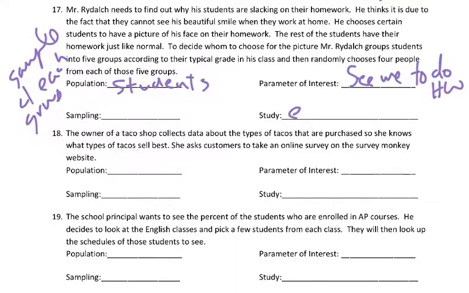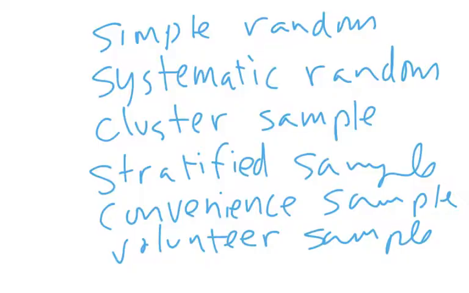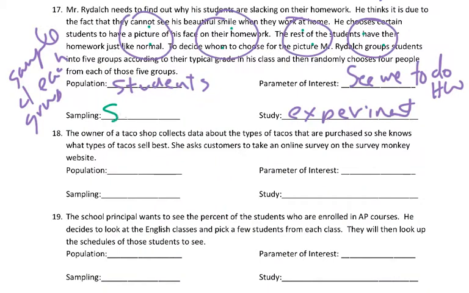The type of study is an experiment because I have a control group, multiple groups. And the sampling type, so I split up each group first, and then from each group chose some people. That one is what we call the stratified. So that'd be a stratified sampling.